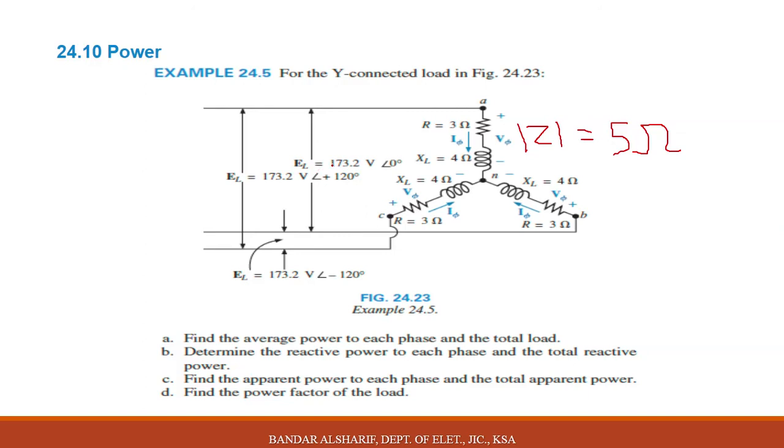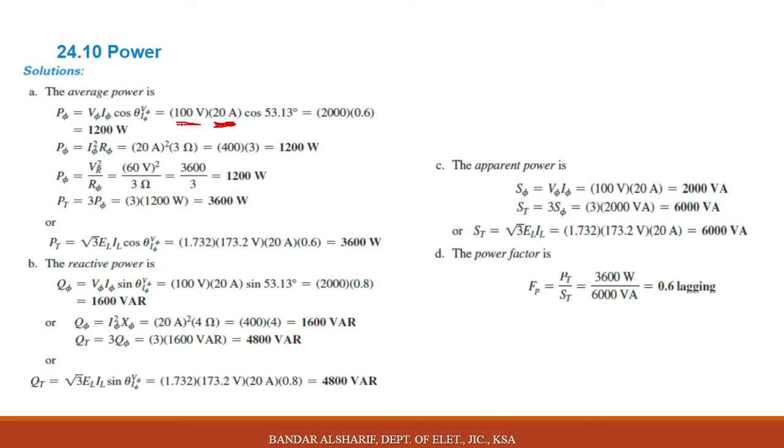They divide 100 by 5 and got 20 ampere. 100 by 20 by cosine 53.13, you will get 1200 watt. We have another option, as we mentioned before, either I squared by R or V squared divided by R. I squared, 20 squared multiplied by R, which is 3 ohm, you will get 1200, similar to the first answer.